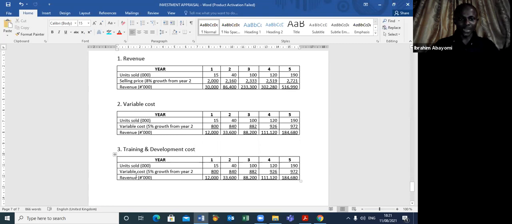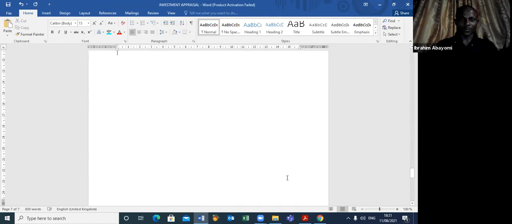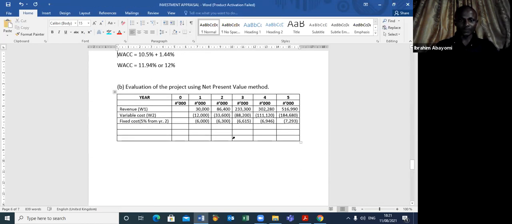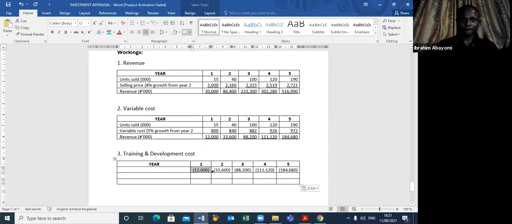Now, we already have our variable cost here, so let me remove everything and copy my variable costs from up there. These are my variable costs.